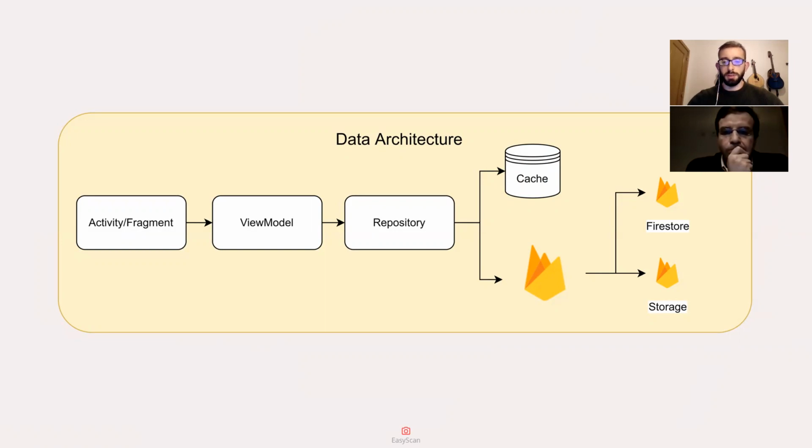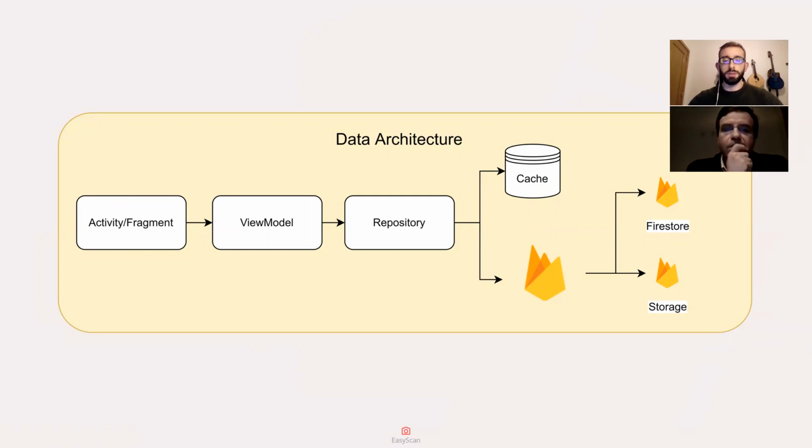As we see in this scheme, the user interacts with the activity or fragment components, which are isolated from the data layer. The ViewModel has the responsibility to convert and expose the data to the front-end components.